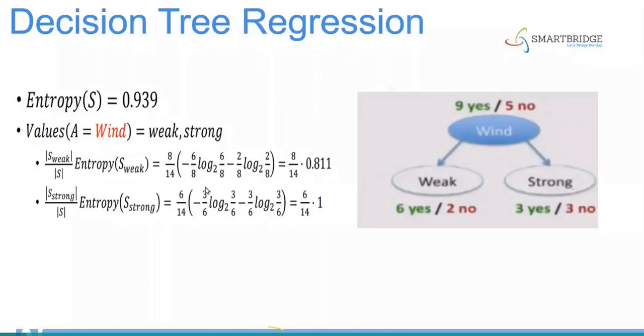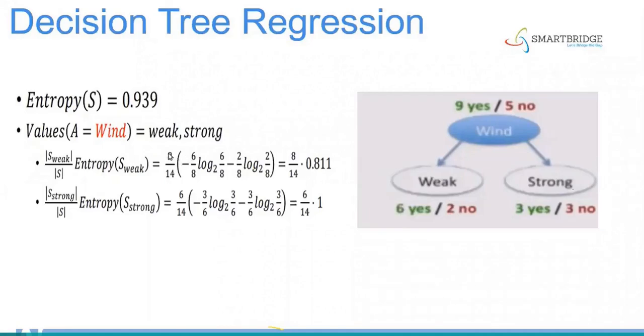This is the entropy of strong. Now, what is this? Total number of observations in the weak divided by total number of observations in the training data set. So in the weak, the total number of observations is 8.